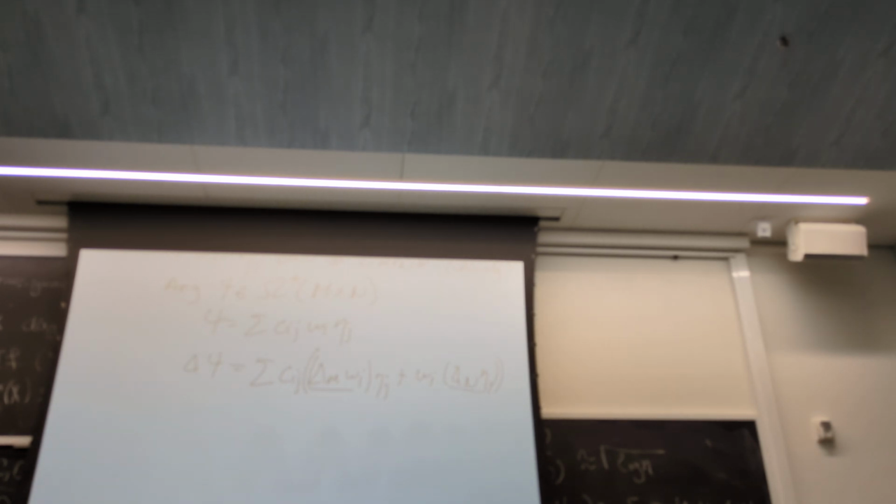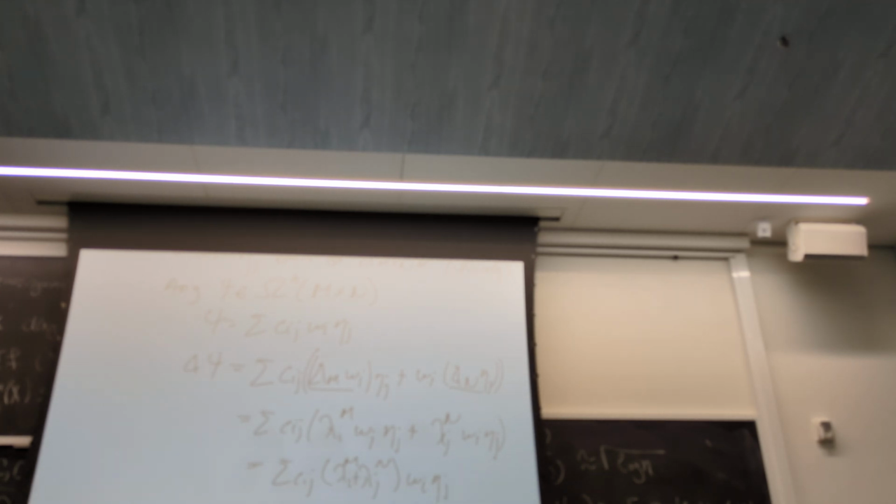And because these form the orthonormal basis as above, then this is equal to the sum of c_ij lambda_i, like the ith eigenvalue on M, omega_i beta_j plus lambda_j on N omega_i beta_j. So this is equal to the sum of c_ij of lambda_i plus lambda_j of omega_i beta_j. Plus? Hmm? Plus?